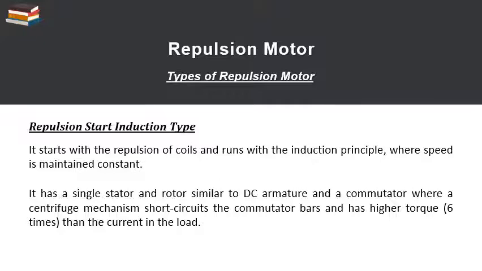It has a single stator and rotor similar to a DC armature and a commutator, where a centrifugal mechanism short circuits the commutator bars and has higher torque, meaning 6 times the current in the load.